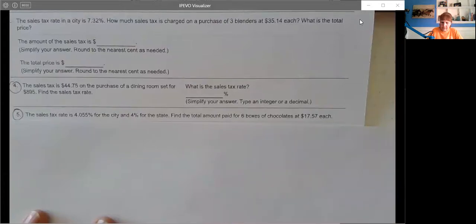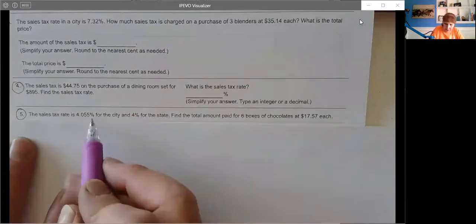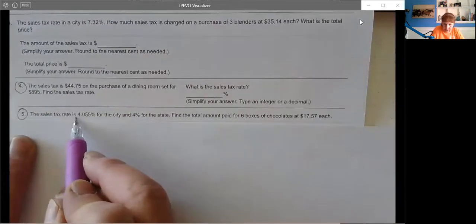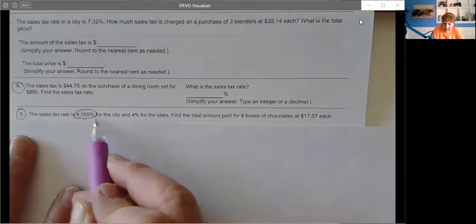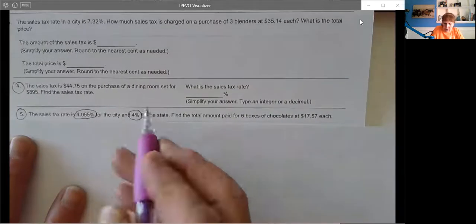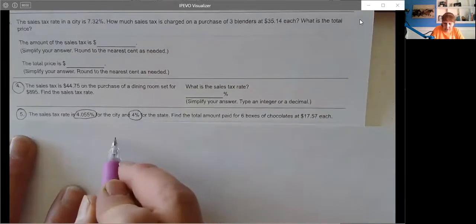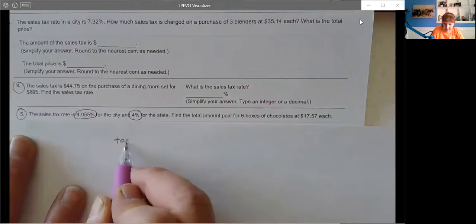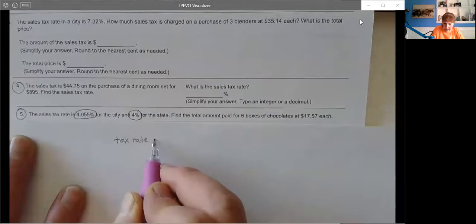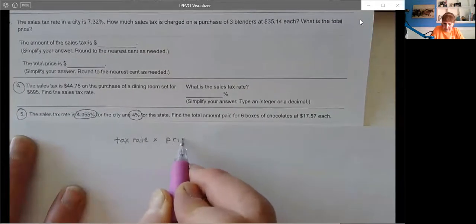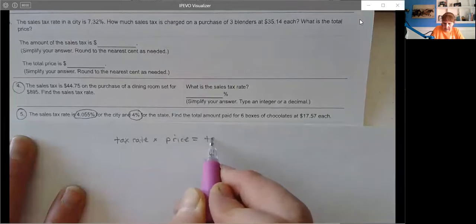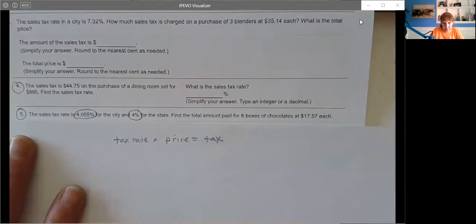at $17.57 each. Well, this is pretty simple here. We're going to add the two taxes together, because we're going to be using the tax rate times the price is equal to the tax amount. That's the one we're going to be using because we're not asking for the tax rate.